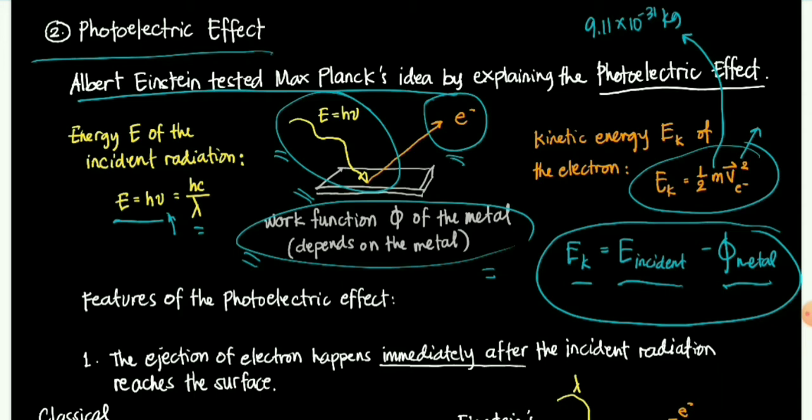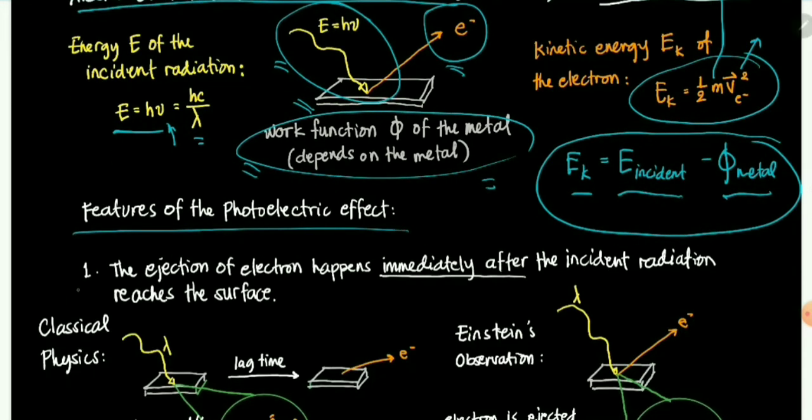Okay? So, what are the features of this photoelectric effect that could exhibit particle nature of your light? Okay? So, number one, the ejection of the electron happens immediately after the incident radiation reaches the surface.